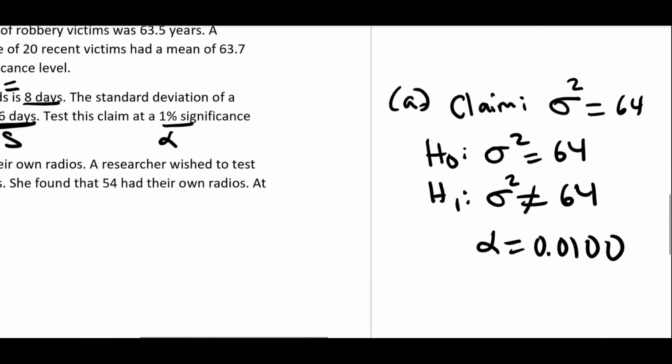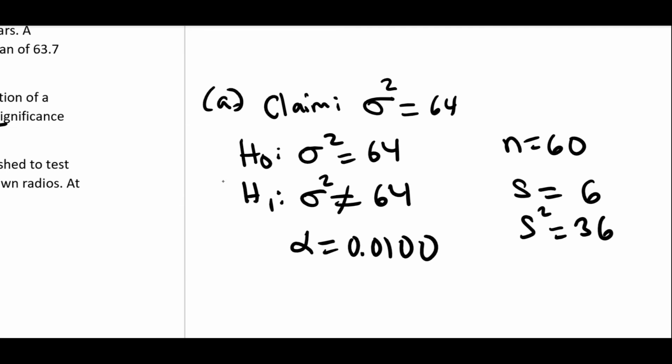So now clearly, since my claim involves standard deviation or variance, this is a chi-square test. Okay, so this is part B. Part A is what type of test? So this is a chi-square test.